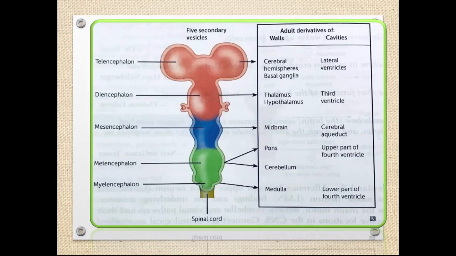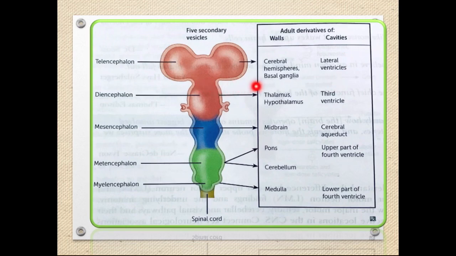Now, the telencephalon gives rise to the cerebral hemispheres and basal ganglia. This will give rise to the cerebral cortex and basal ganglia, and the cavity within it will be the lateral ventricle.